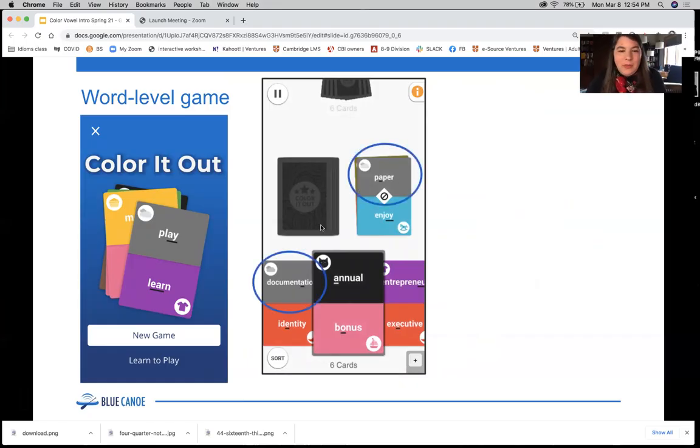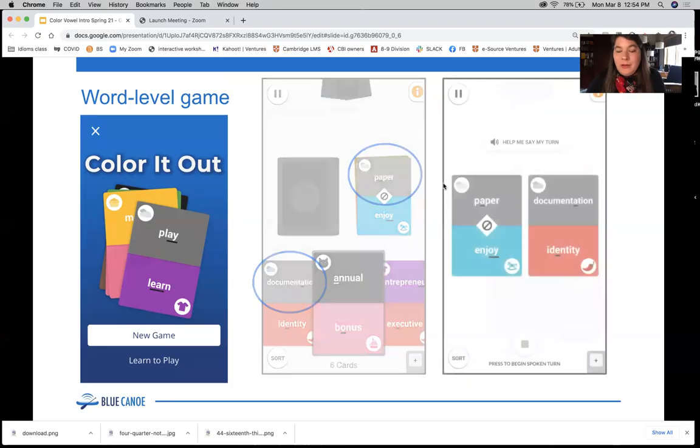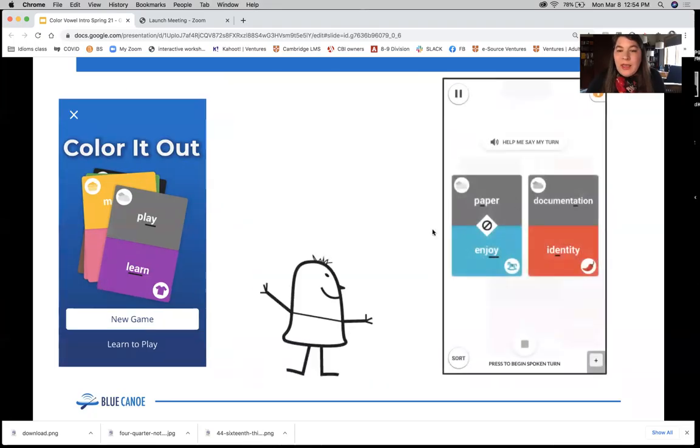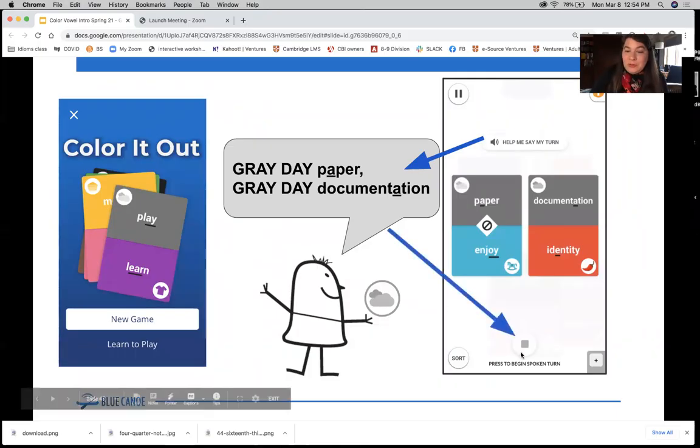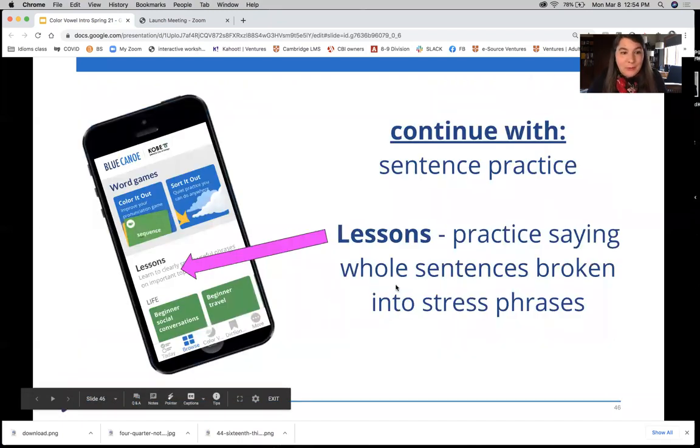For example, these 2 are the same color. And you take a turn and you can press help me say my turn and hear a recording. Use your hand, gray day paper, gray day documentation. You press record and it will listen to you and give you feedback.